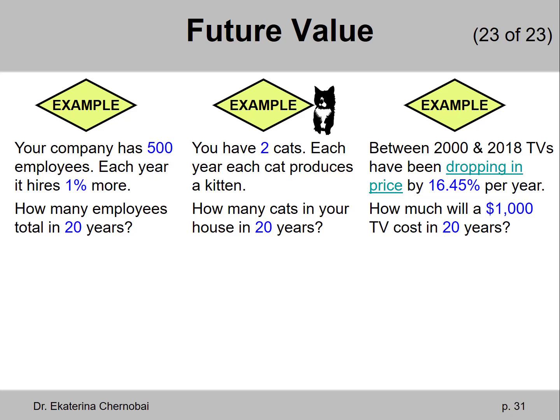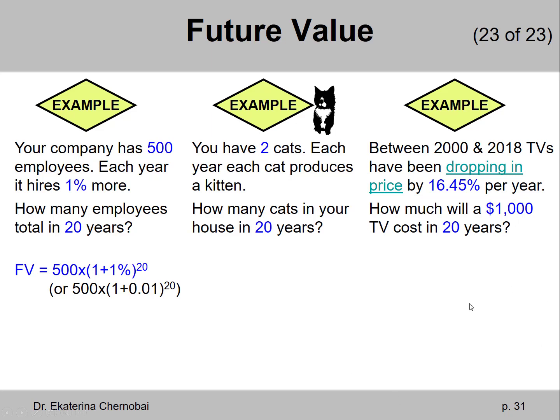In the first example, your company has 500 employees. Each year, the company hires 1% more. How many employees total in 20 years? Well, if you use the future value formula, then 500 employees is the equivalent of the principal amount. Hiring 1% more is the equivalent of earning a 1% interest on your money.